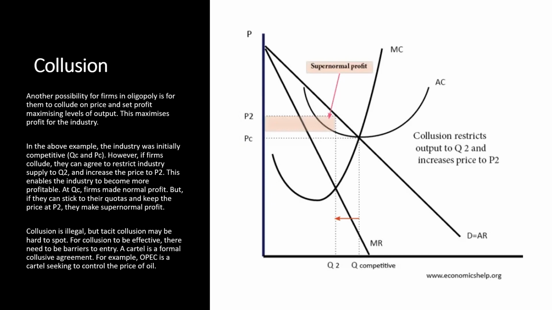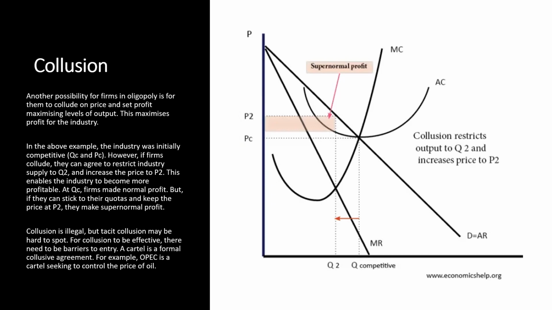And you can see that they were producing at the price PC. And that was a competitive level, right? Nobody was talking to each other. They were all doing their thing. And they were in that sort of equilibrium state where that was the best that they could do without colluding.